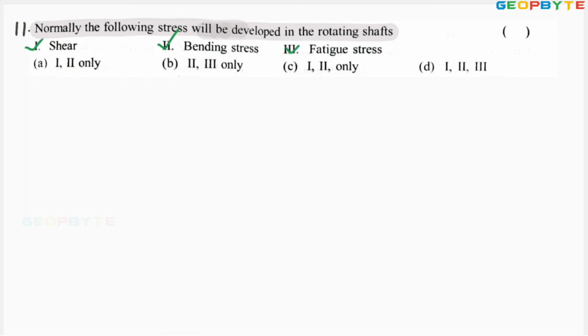Fatigue stress due to repeated and reversal stresses. Fatigue stress also developed. Therefore, all three are correct. Option D is absolutely correct. The rotating shaft is subjected to shear stress, bending stress, and fatigue stress. I hope you understood. Let us move to the next problem.